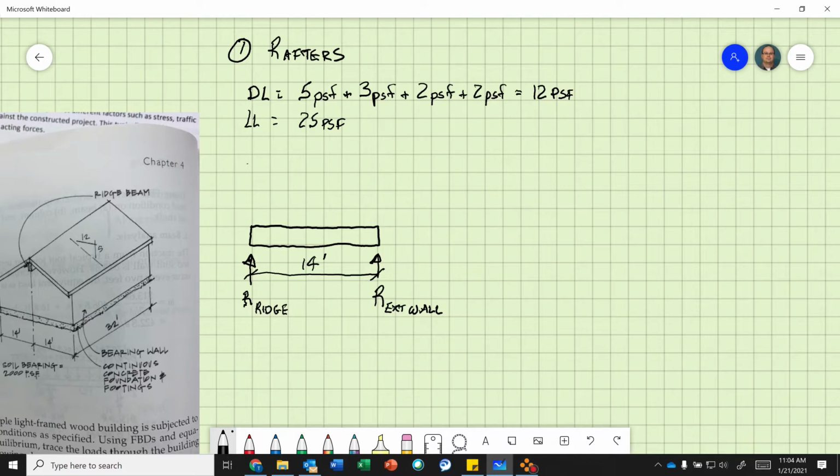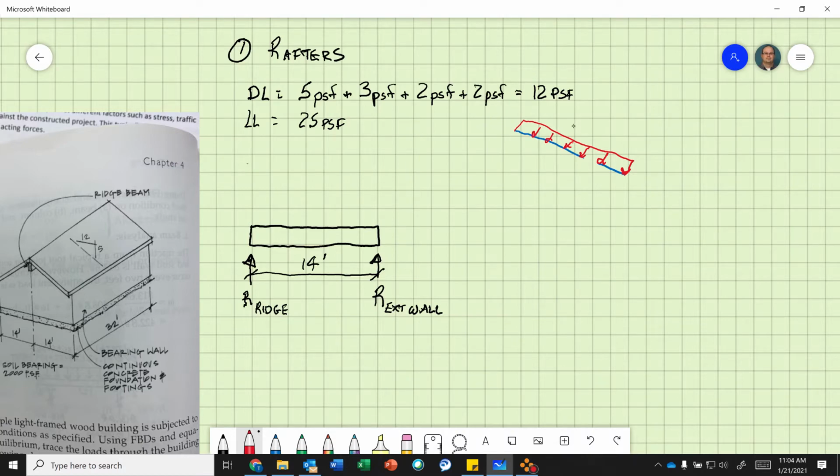Let's talk about some things. Here is my rafter. It's at a 5/12 pitch. The dead loads actually act along the rafter, at the angle of a 5/12 slope.